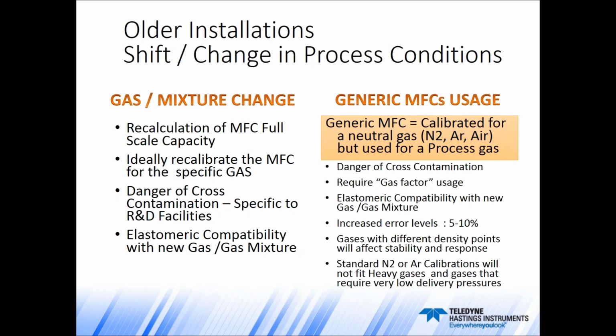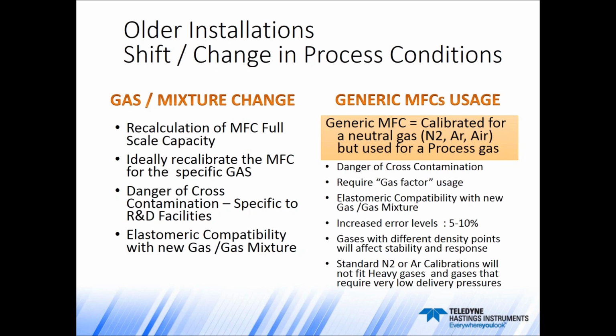Also, I want to point out again towards the elastomeric compatibility with a new gas or the gas mixture that is being used through this generic flow controller. Using a conversion factor in certain situations will increase your error levels to at least 5 to 10%. So one example is to use a nitrogen or an air calibrated MFC to control helium or hydrogen.